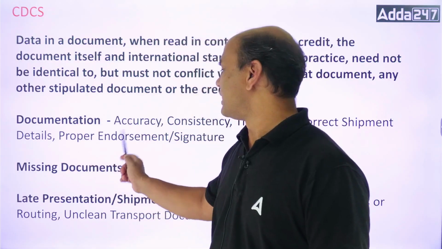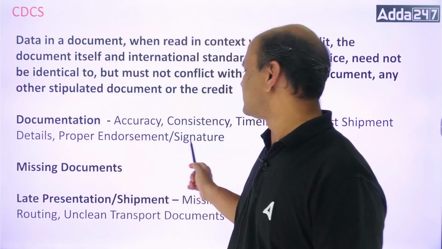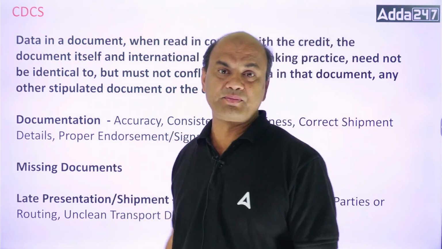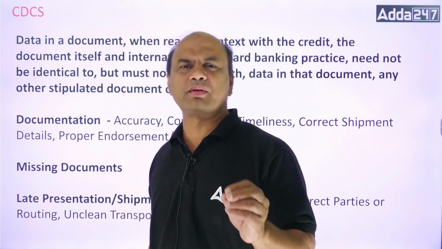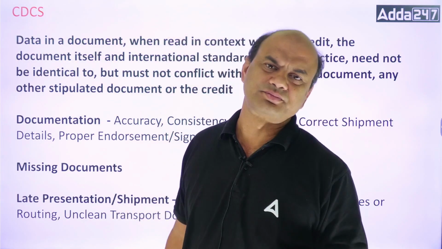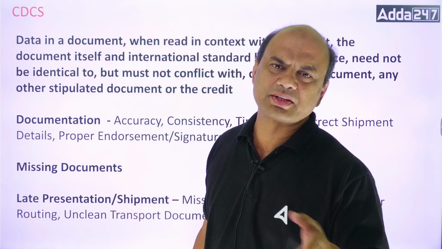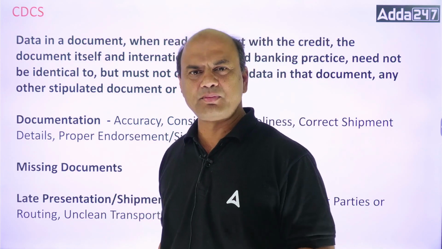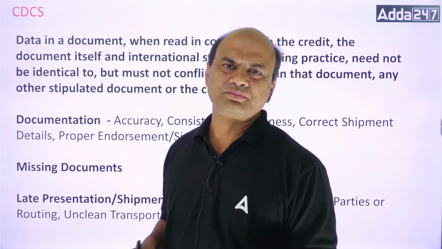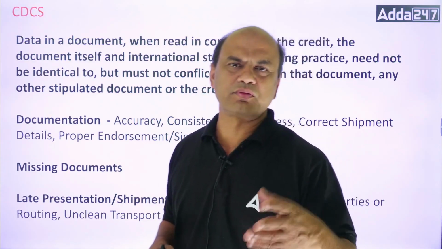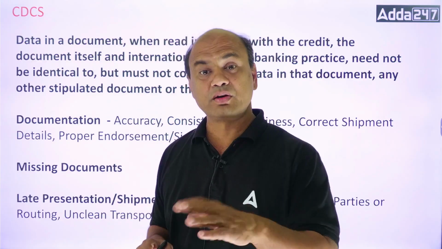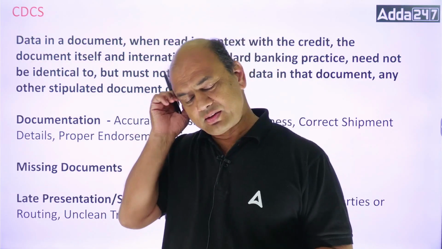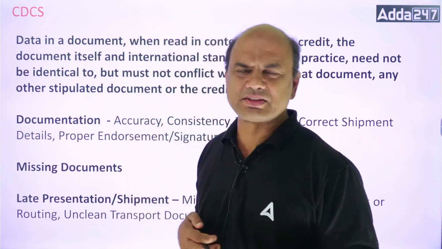Details means the same. Proper endorsements and signatures, a very important point. We do everything correctly, but only the endorsement remains on that insurance or on the bill of exchange. This generally doesn't happen with the bill of exchange, because the bill of exchange is directly to the order of the issuing bank only. The drawee is generally the issuing bank.